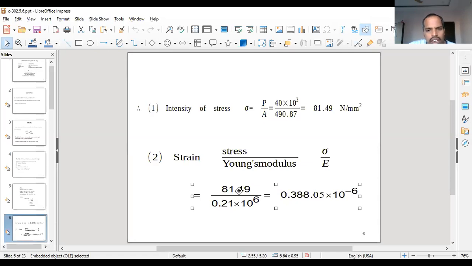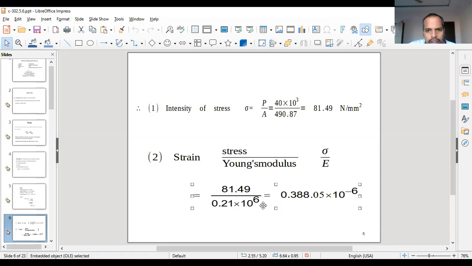For simple calculations, calculating everything sometimes wastes our time. So what do we do instead? Just 81.49 divided by 0.21. If you keep 10 to the power of minus 6 like this, it is 10 to the power of 6 in the denominator. When a value goes from numerator to denominator, the power changes sign, plus to minus, minus to plus.